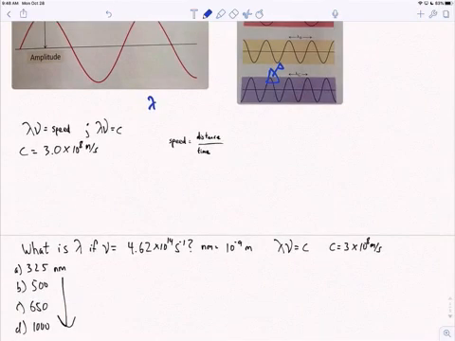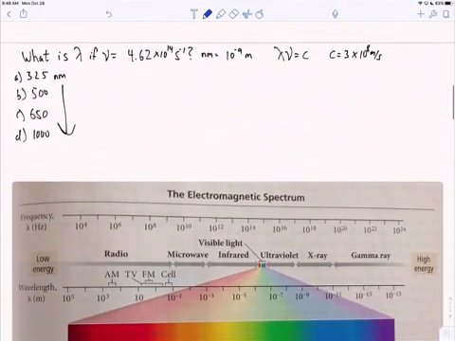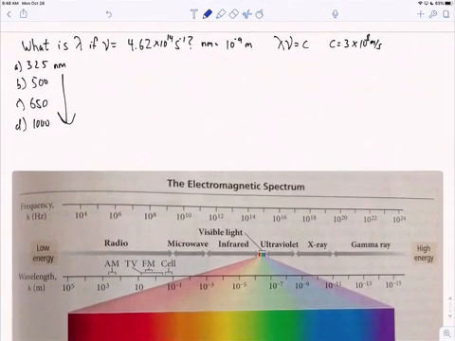That's a lot of places to go. Okay, so hopefully this is common sense. We'll see if you can figure this out. What is the wavelength if the frequency is 4.62 times 10 to the 14 inverse seconds? So inverse seconds, the units for that is also known as hertz. Hz, hertz.